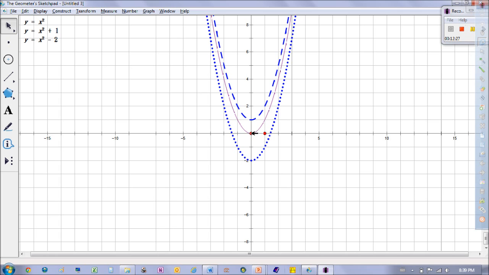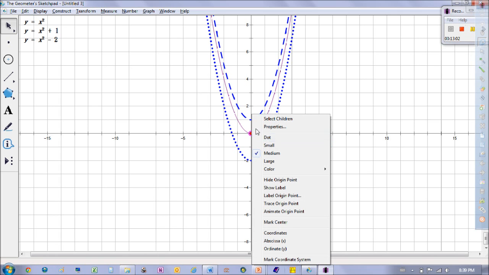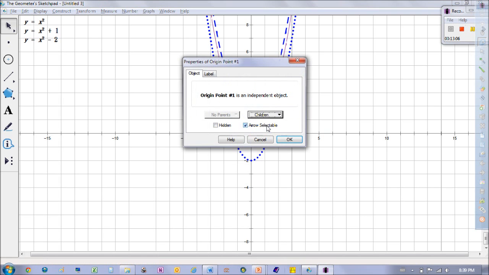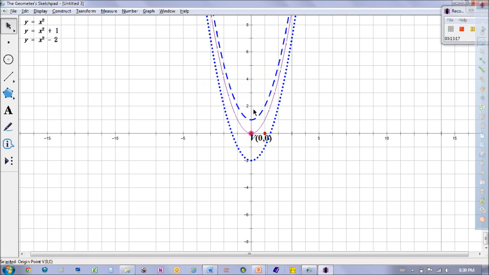For y equals x squared, the vertex is at 0, 0. And we can identify that point. It is 0, 0. Right? The vertex is 0 and 0. Now, when we added the 1, the vertex moved up to 0 and 1.